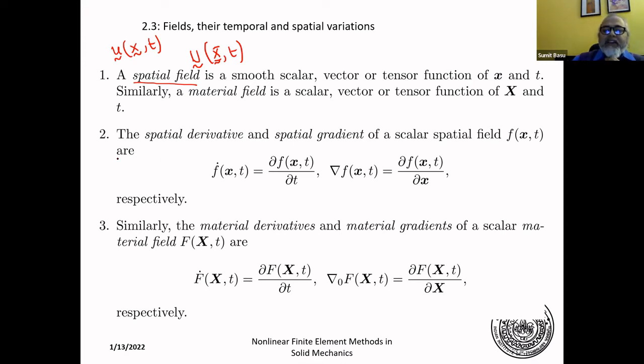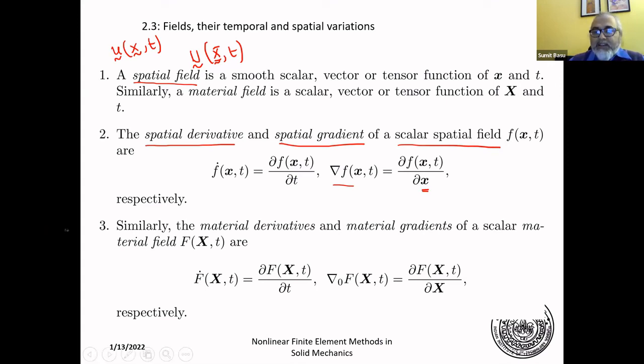Now we can take several kinds of derivatives. For example, we can take the spatial time derivative and the spatial gradient of a scalar spatial field. A scalar spatial field is one which takes in the current position of a point and gives out a scalar. So if you want to take f dot, you simply take del f del t. If you want to take the gradient of f, you do del f del small x.